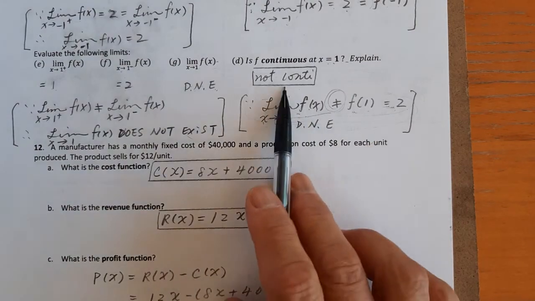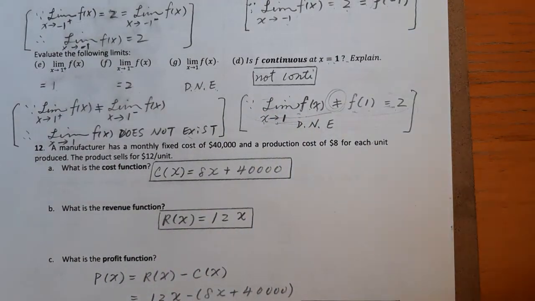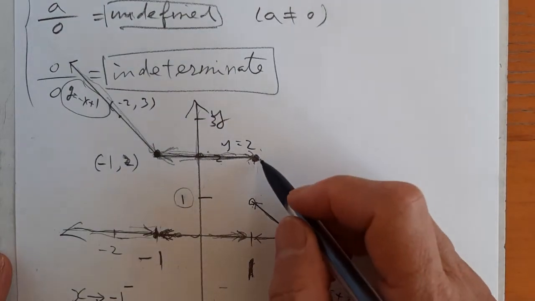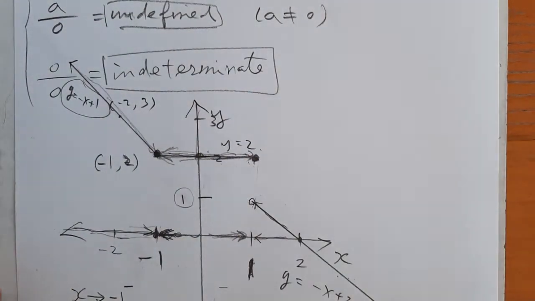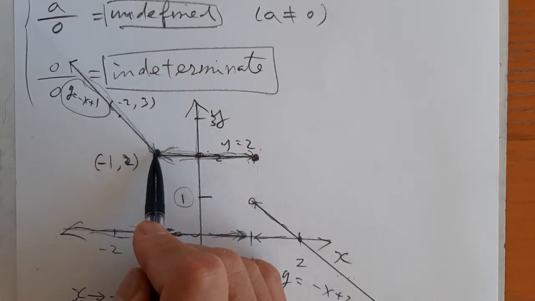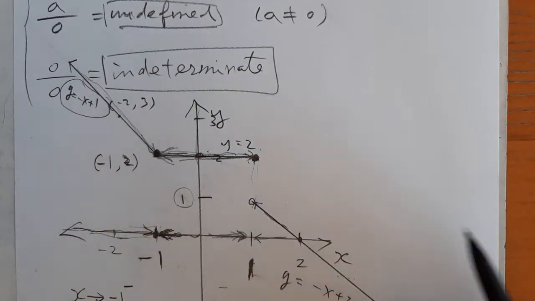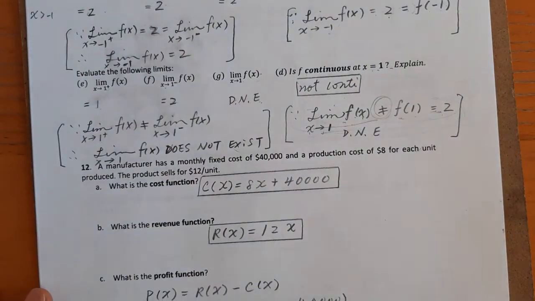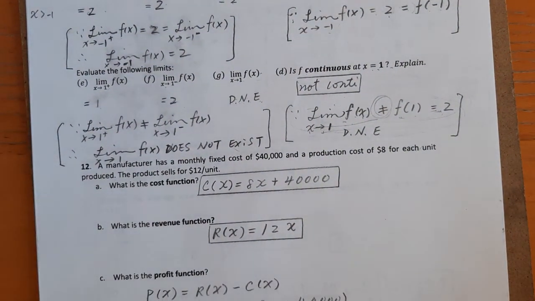So it's not continuous. And you can look at the graph. This is not continuous. It has a jump, a gap. At this other point, it's continuous because it continues. At this point, you cannot continue. You can use the graph to check it.